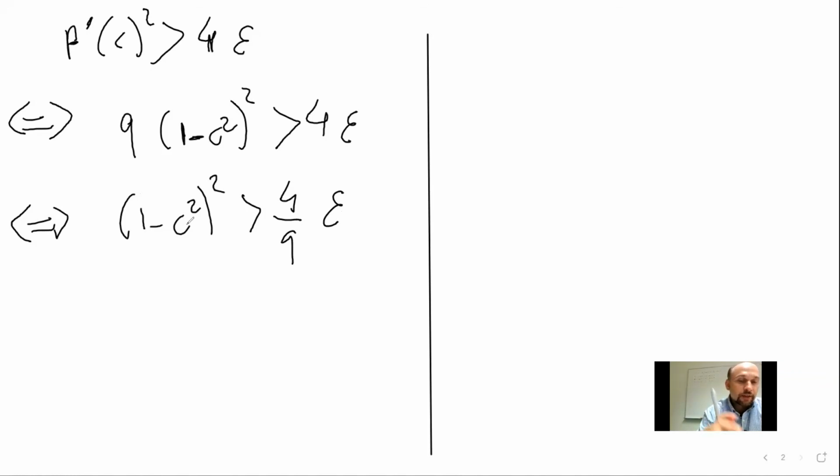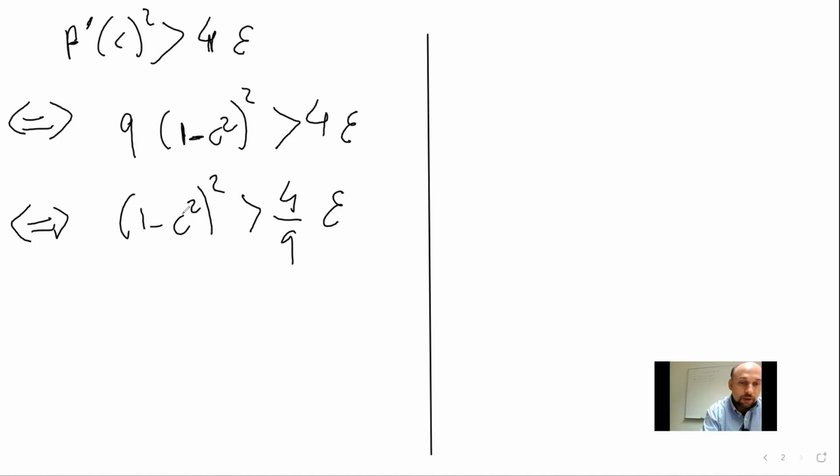So my c is negative, and so if c is less than -1, this here will be negative, and if c is greater than -1, this will be positive.